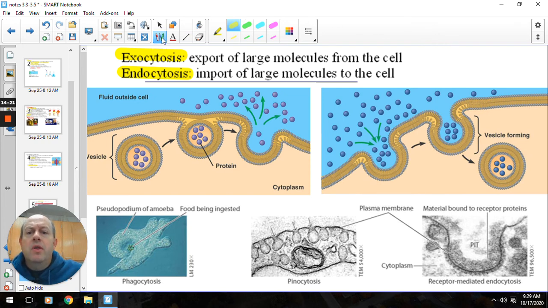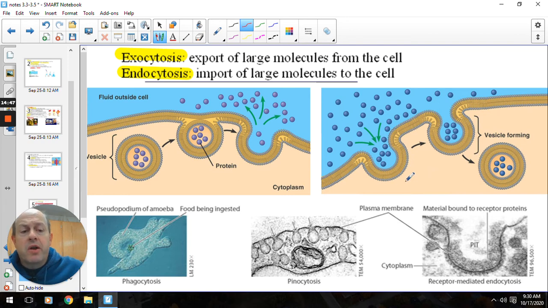In the case of endocytosis, the phospholipid bilayer will just pinch off around the particles as they come in, and that will form what's called a vesicle. That vesicle, which is itself made of phospholipids, can move throughout the cell and take the particles wherever they need to be.